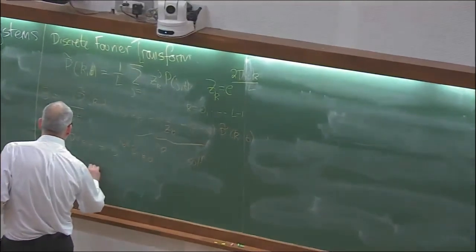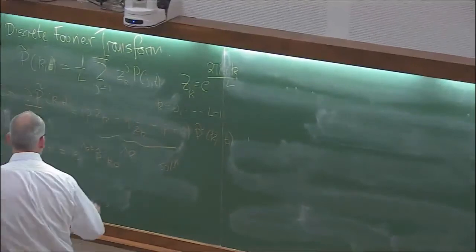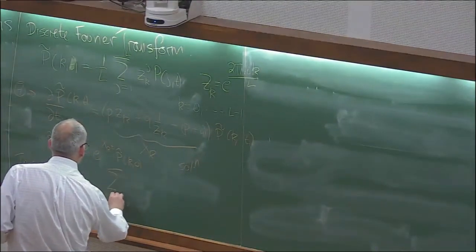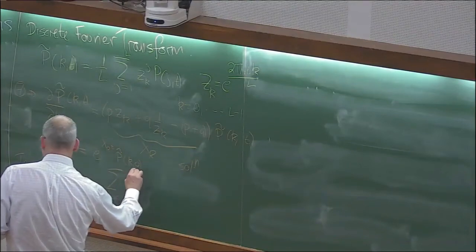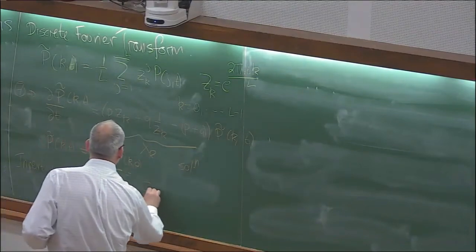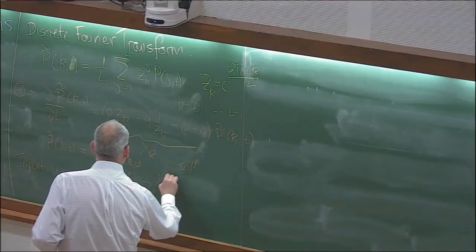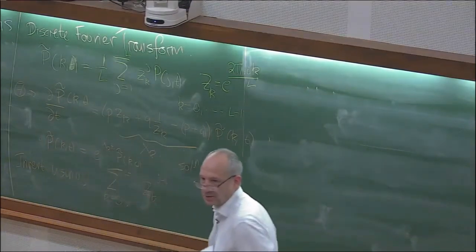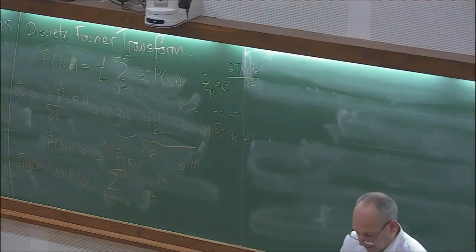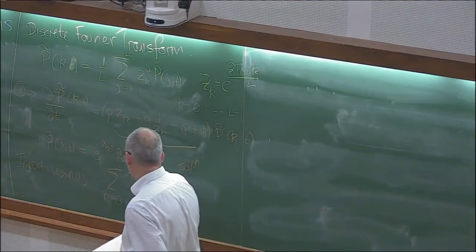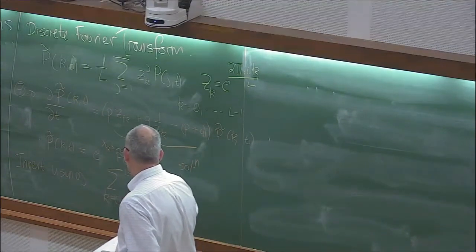And the orthogonality that I'm going to use to do that is the sum over k equals 0 up to L minus 1 of z_k to the power, let's say, j minus i, to some integer power. You can check it out. If this power is 0, then clearly it's the sum of L terms that are 1.